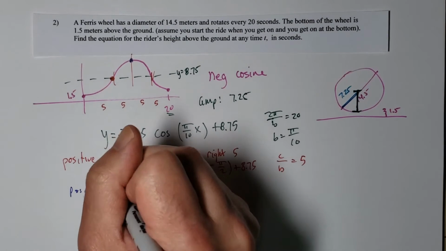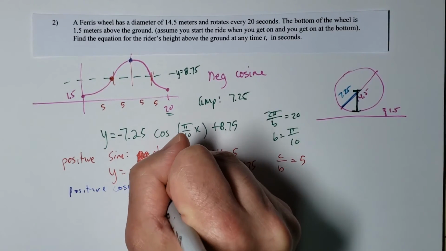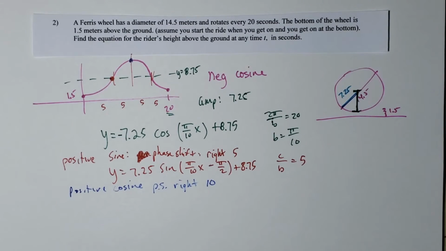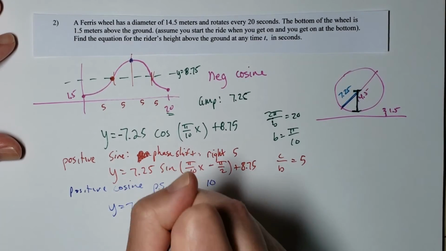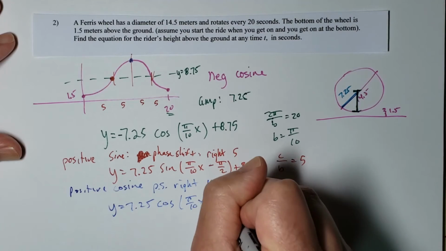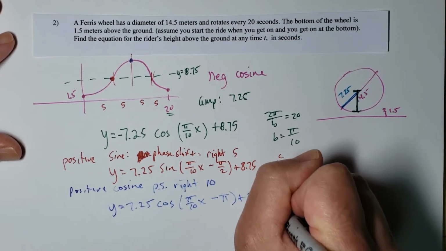All right, so this would be a positive cosine. And it would have a phase shift of right 10. And so we would get y equals 7.25 cosine of pi over 10 x minus pi, if you solve for c, plus 8.75.